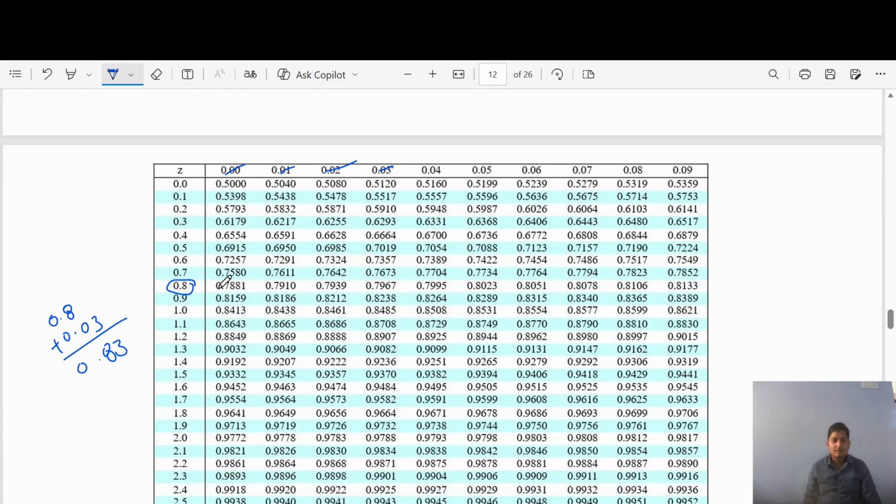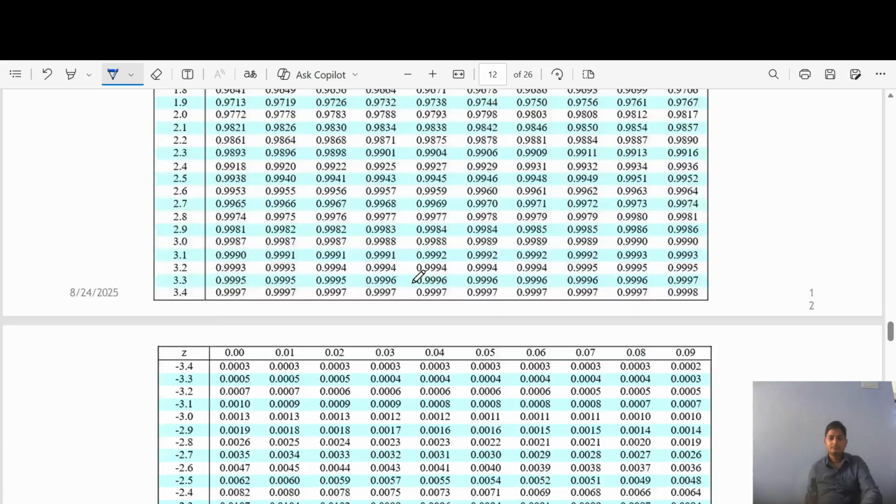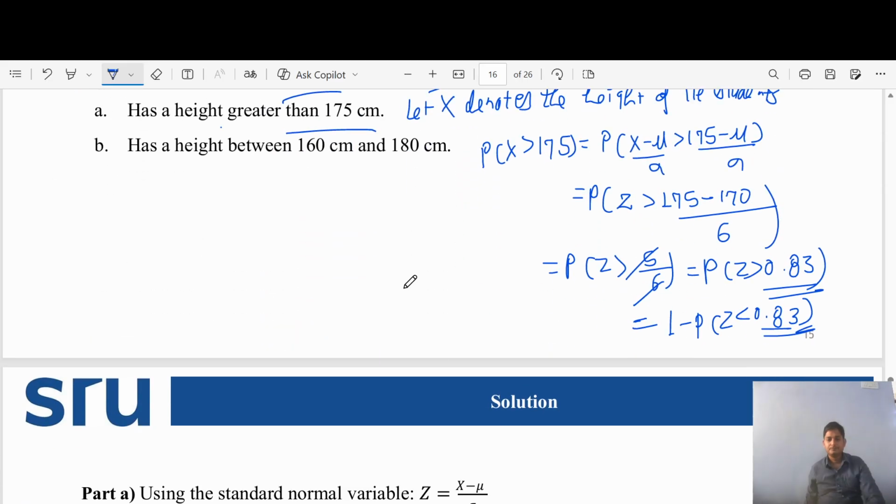The value is 0.7967. So we write 1 minus 0.7967, and if we solve this, you get the answer. I think it is clear how we evaluate the value from the standard normal table.